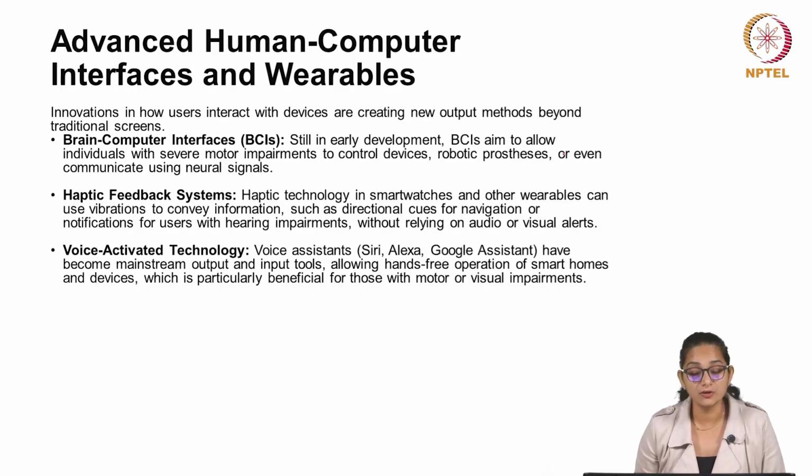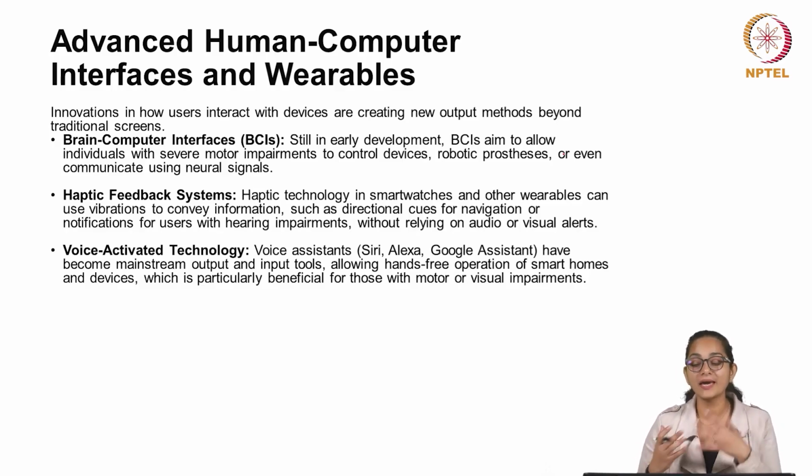Voice activated technology. So, voice assistants like Siri, Alexa, Google have become mainstream input output tools, allowing hands free operation of smart houses and devices in an IoT setting, which is particularly beneficial for those with motor impairments or visual impairments.